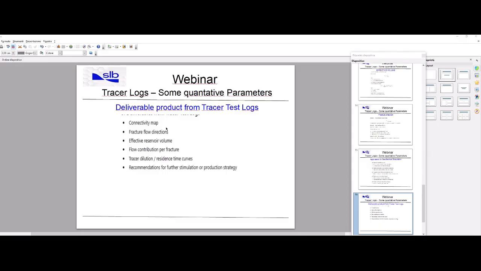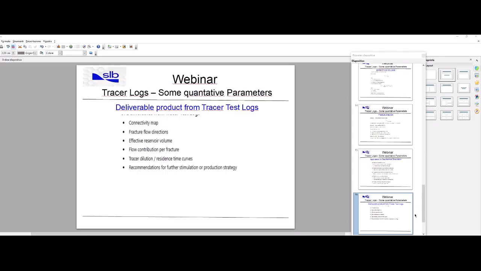The fracture flow direction is much more important to study. Also the flow from the connected fractures, and which is the main direction from a hydraulic point of view. Effective reservoir volume, or fractures that are connected, constitute the connected volume, the flow contribution by fracture, the tracer dilution and residence time curves. That is another important parameter. With recommendations for further stimulation and other production strategy.